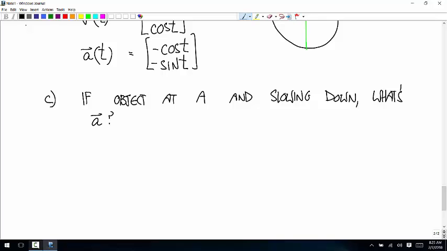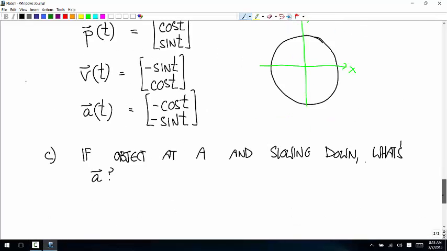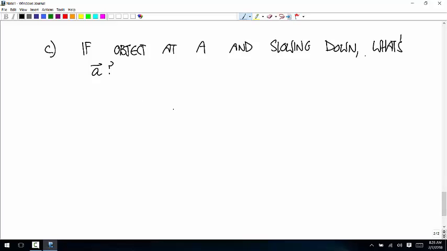Okay, so in this case, there's the path.